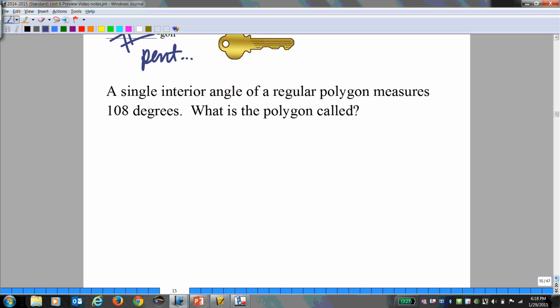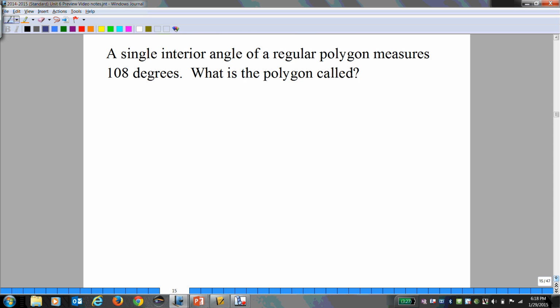So when you do these kinds of problems, the first thing you want to do is watch those keywords. This says a single interior angle of a regular polygon measures 108 degrees. What is the polygon called? Let's underline our keywords. We have a single interior angle, a regular polygon, measures 108 degrees. What is it called?